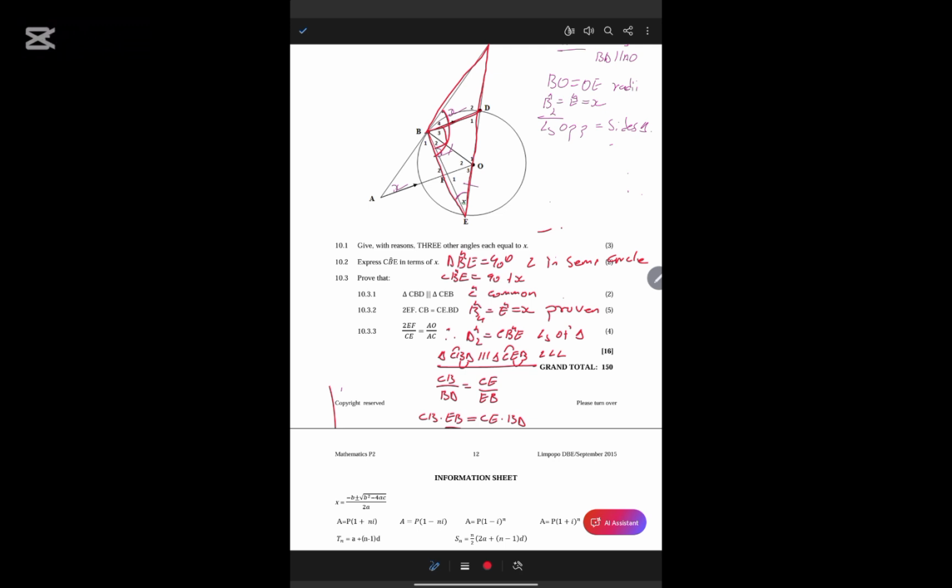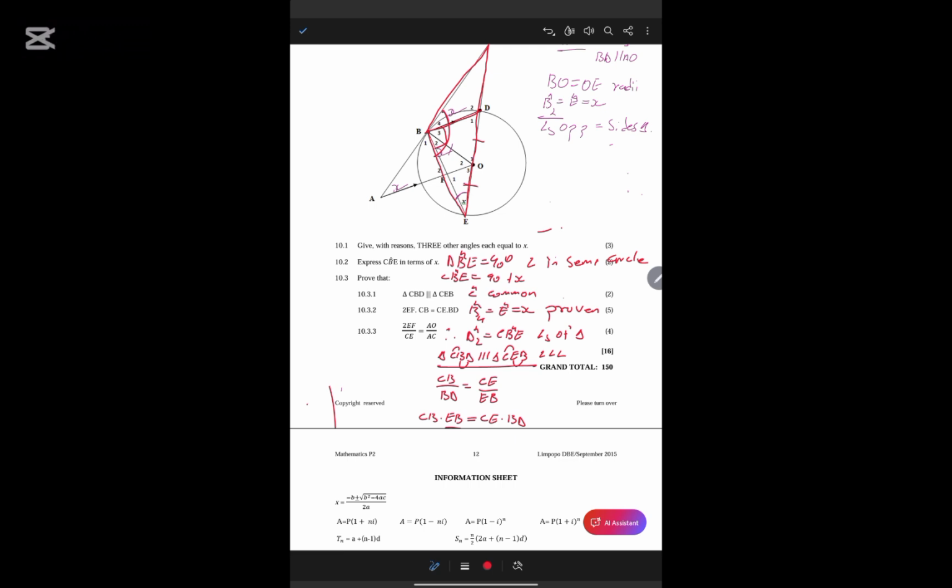Now, using the proportionality theorem or the midpoint theorem, one of those will tell you that the point F is the midpoint of BE. If I use the midpoint theorem, I know that OD is equal to OE, radii of the circle.